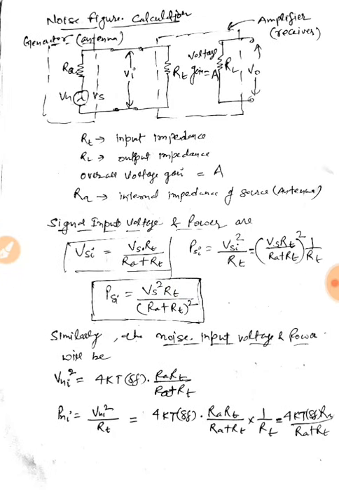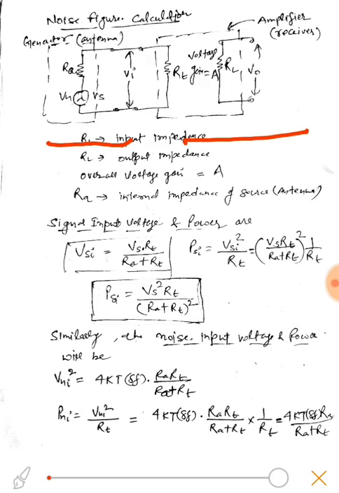So how can we calculate the noise figure? Here in the figure, this is the transmission side or the generation side, and this is our receiver, the amplifying receiver.